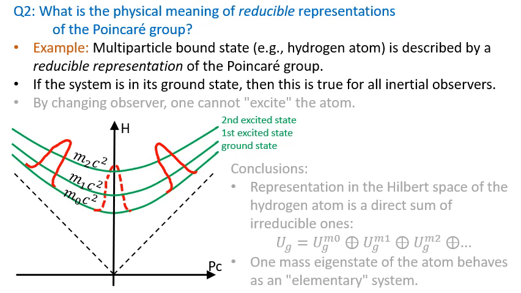Wave functions of the same state from the point of view of observers moving to the left or to the right are shown by full red lines. These wave functions are also localized on the ground state hyperboloid. Because by changing the point of view, it's not possible to excite the atom.